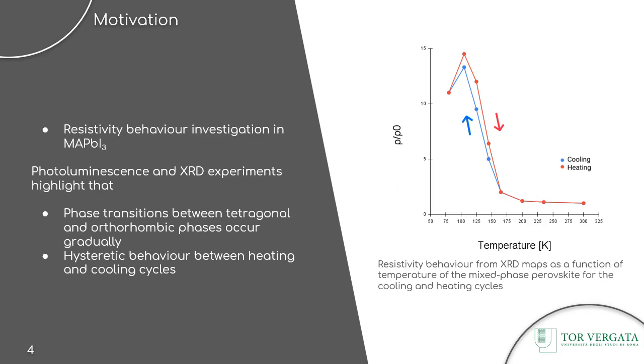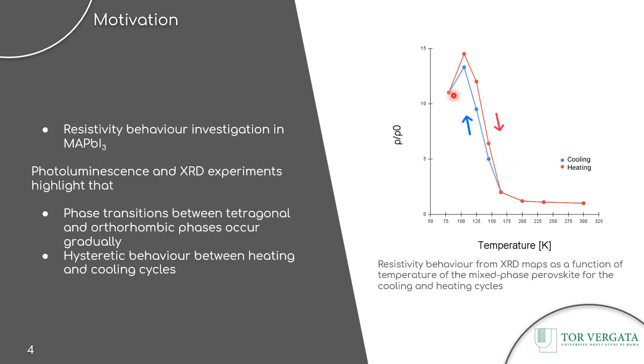This work investigates the resistivity behavior in MAPbI3, since photoluminescence and X-ray diffraction, or XRD, experiments highlight that the phase transition between tetragonal and orthorhombic phases occurs gradually. This plot here shows the resistivity as a function of the temperature for both the cooling and heating cycle.